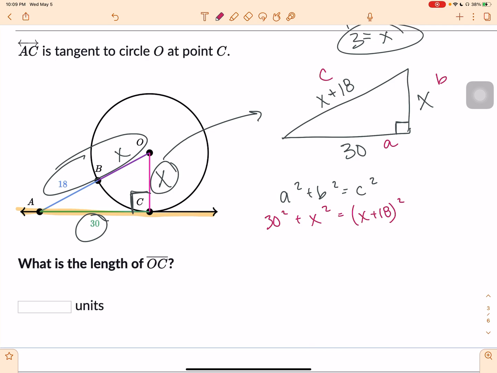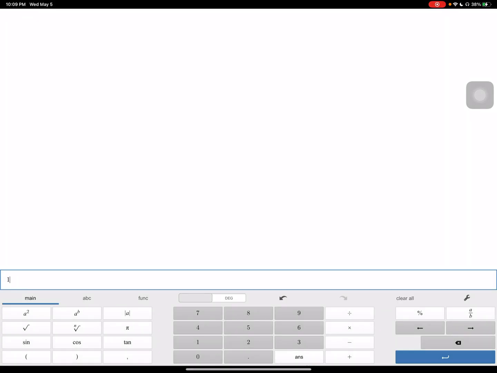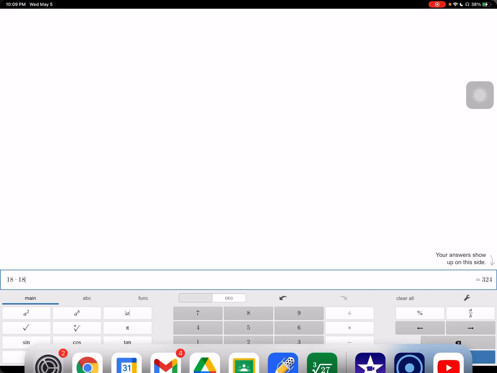Okay, so 30 squared is 900 plus x squared equals, so this will be, I'm going to do this in my head, but again, you guys could always, I might as well just do it here. So if I multiply that, x squared, 18x, 18x, and then 18 times 18, let's see, it's 324.